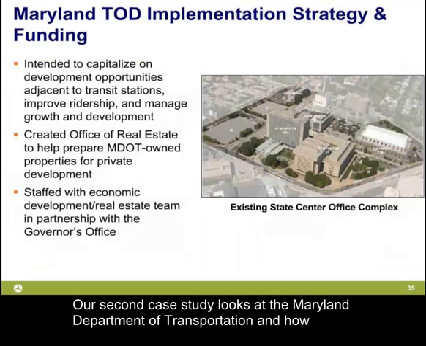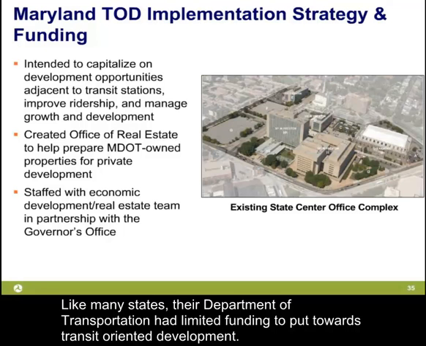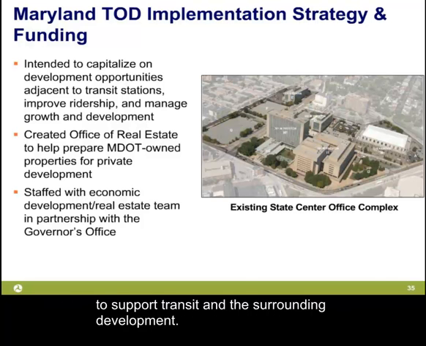Our second case study looks at the Maryland Department of Transportation and how they were able to align regional visions and state policy. Like many states, the Department of Transportation had limited funding to put towards transit-oriented development. These kinds of projects faced funding and procedural hurdles to providing adequate parking to support transit and the surrounding development.